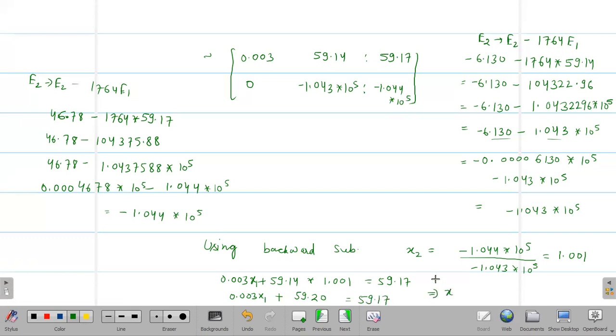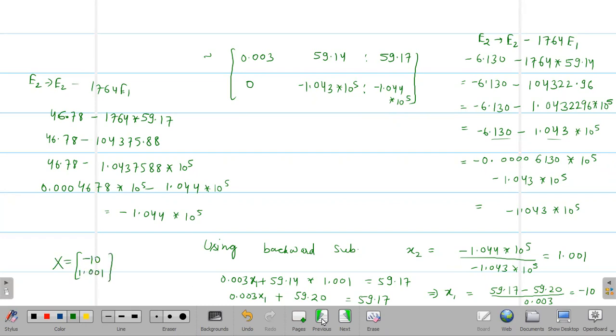And we have not done any mistake here. You can verify also later. So 59.17 minus 59.20 divided by 0.003. It is minus 10 because 59.20 is bigger than 59.17. You are getting minus 10. So your solution is minus 10 and 1.001.